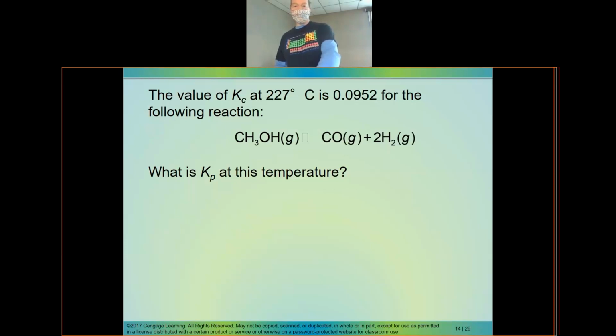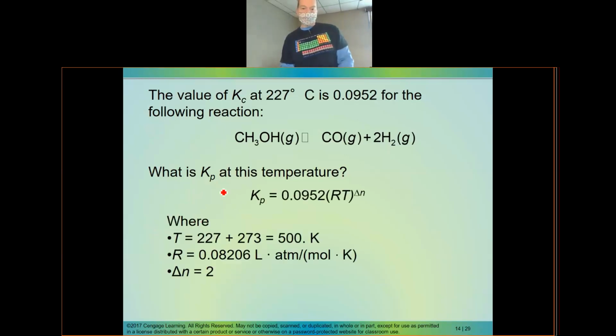So here they give us the Kc at a temperature. You have your equation: Kp is equal to Kc (RT) to the delta N. Okay, so you have your Kc at 227 degrees Celsius.